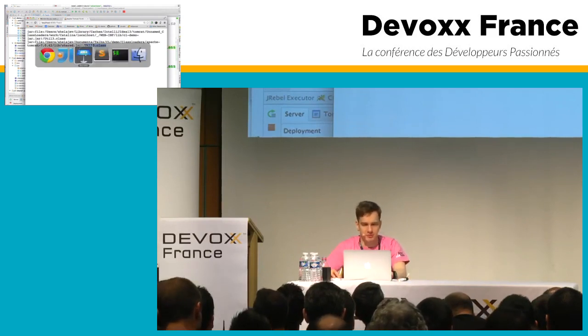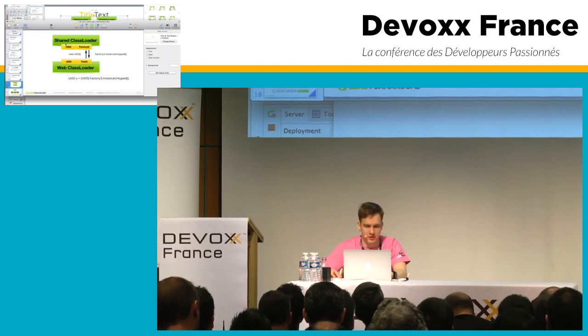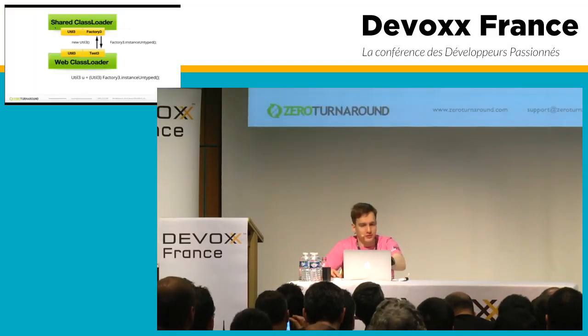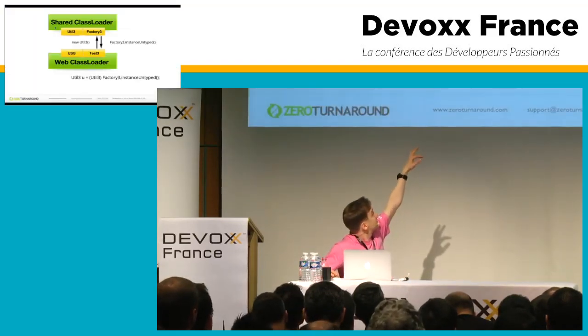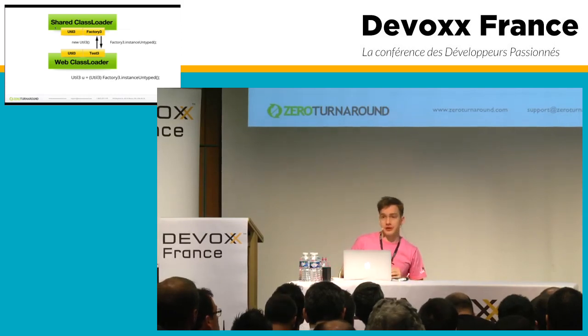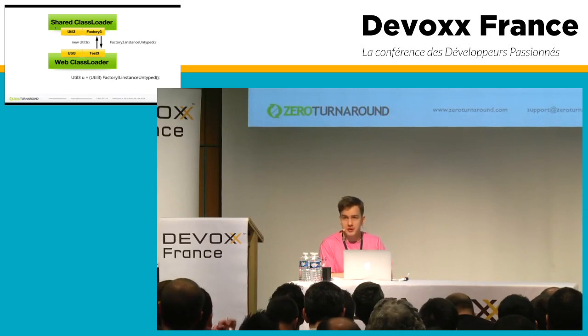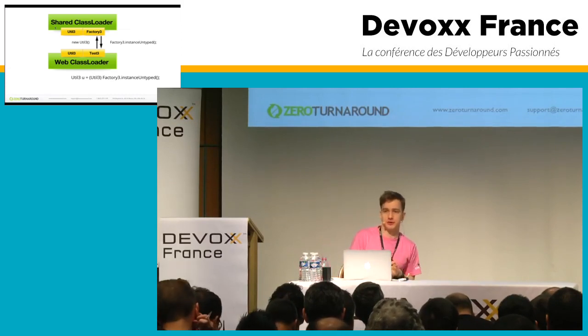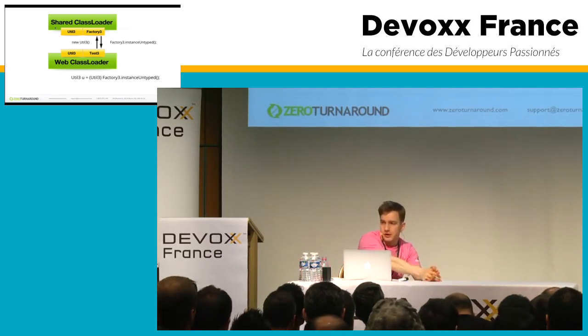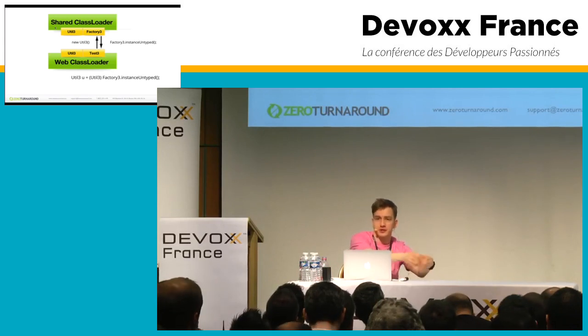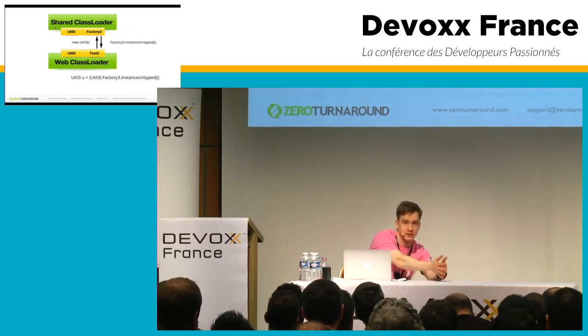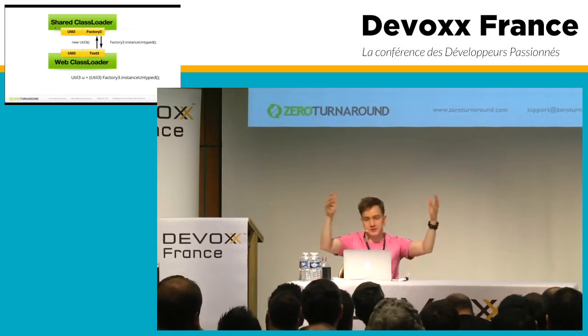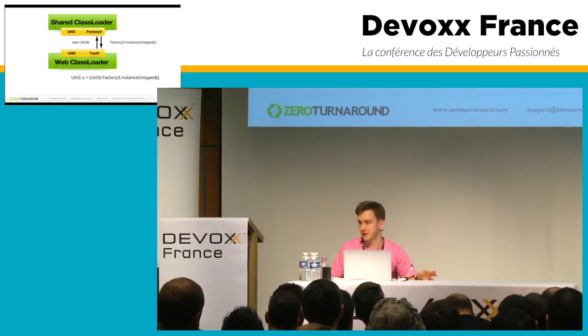Because what happens is that when we ask for a factory, it is also not available from the application class loader. So the factory is loaded by the shared class loader. When the factory creates the util instance, it instantiates the class util3 in the same shared class loader, because the shared class loader knows nothing about my application.